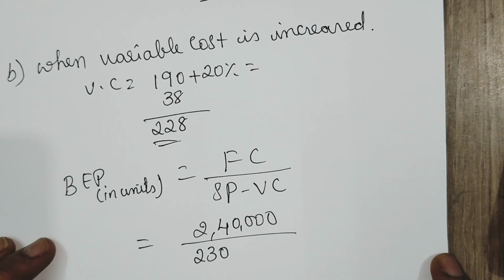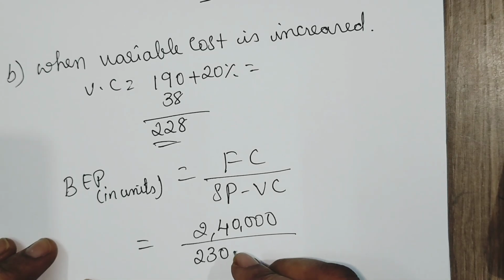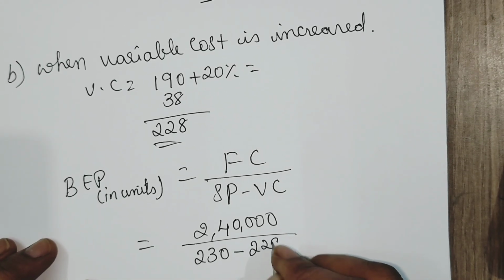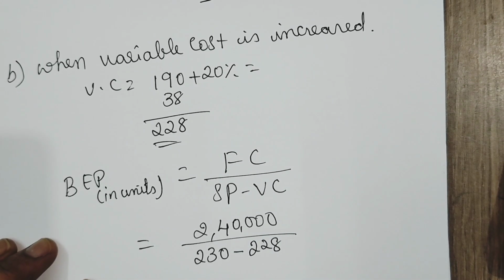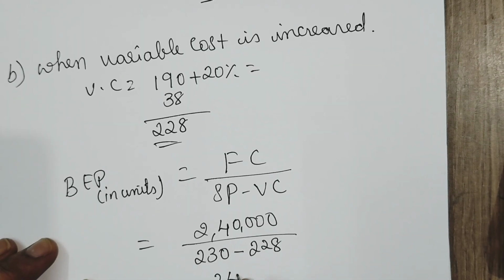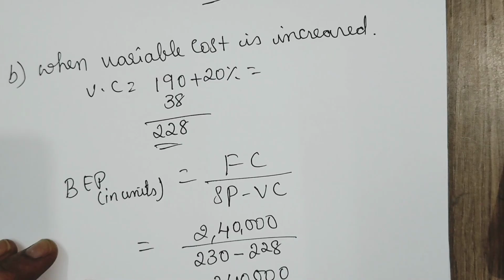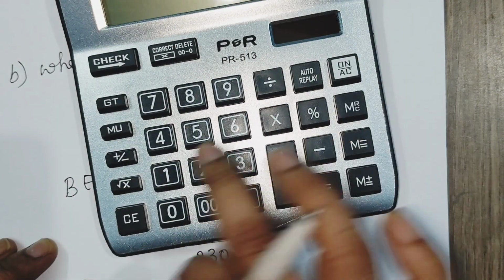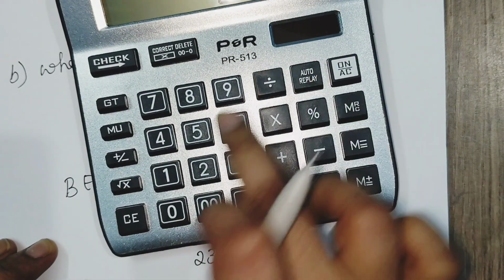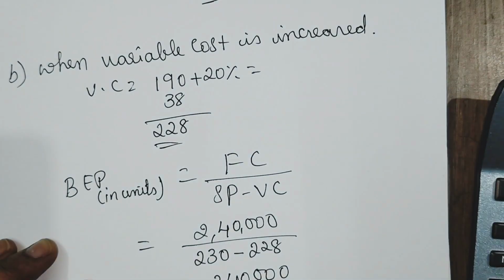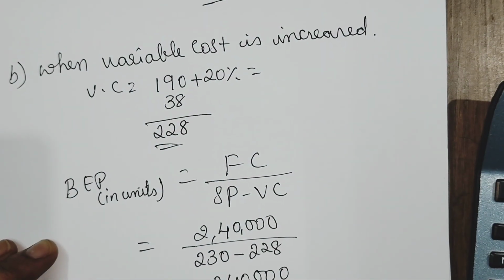Don't take it again. The original which is given, that only you need to take. And the new variable cost is 228. So 2,40,000 divided by 2 is 1,20,000 units.